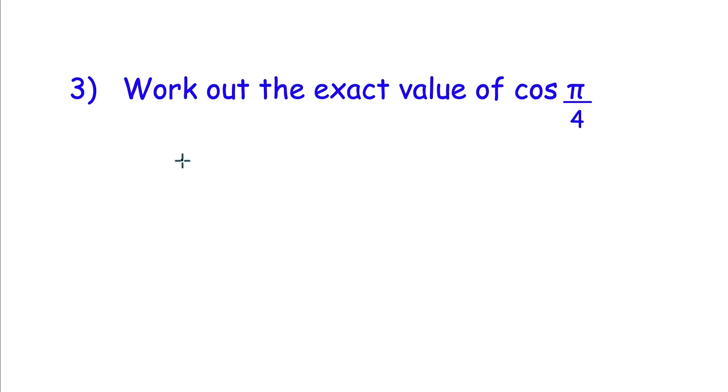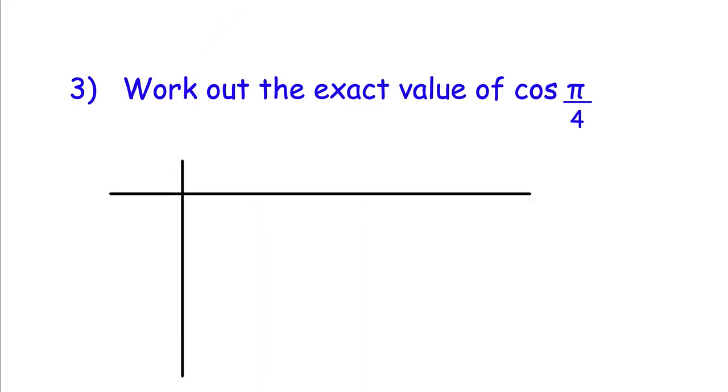So if I draw our table, and some of you are really good at remembering these and some of you are not so good. I've got my sine, cos and tan.